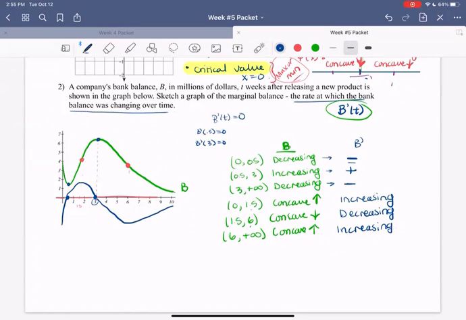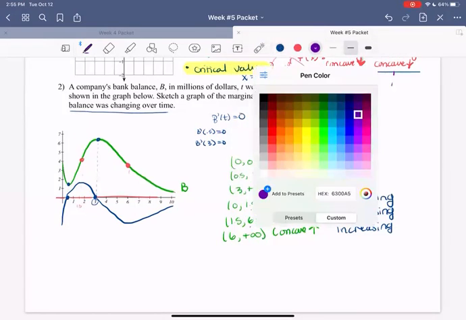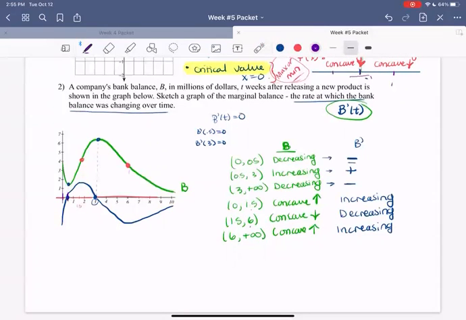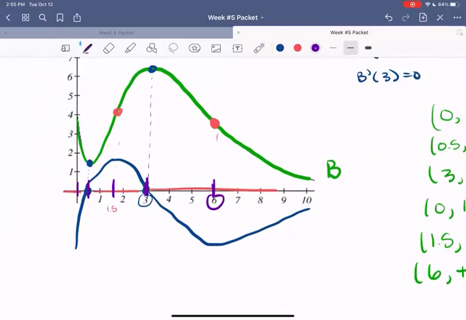To summarize, we had several important points that we were looking at to graph our function: 0, 1/2, 1.5, 3, and 6. What we've done is determine the behavior of our derivative on each of these smaller chunks.